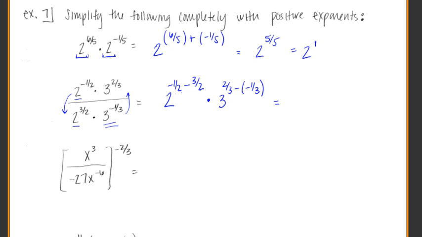It looks like we already have common denominators on that first exponent. So a negative 1 minus 3 would be a negative 4 over 2. And on the 3's, that's just 2/3 plus 1/3. So 2 plus 1 would be 3 over 3. All right, cleaning this up a little bit more, we have 2 to the negative 2 times 3 to the first.